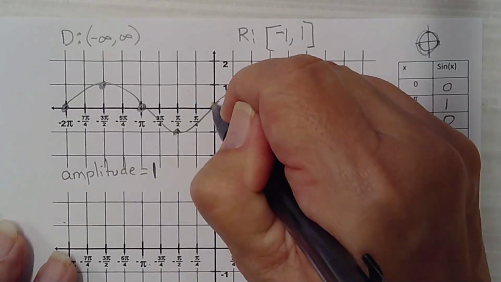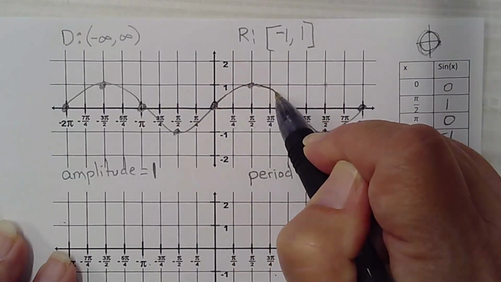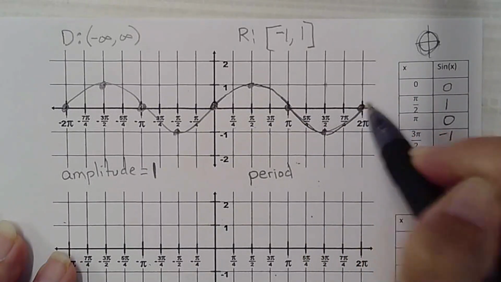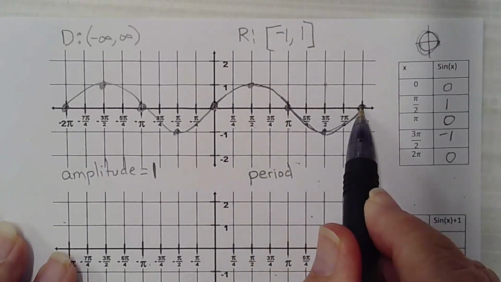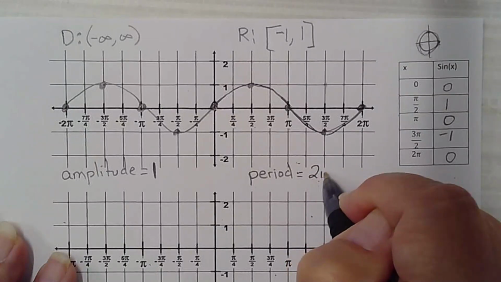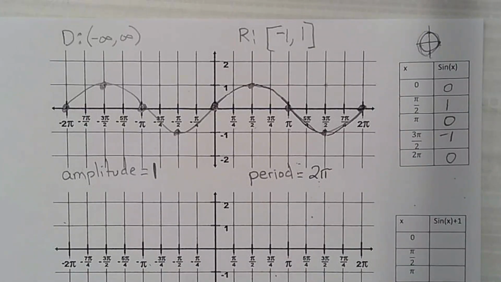If I start here and I go up and I go down and then I go back to start, how long did that take me along the x-axis? 2 pi. So those are the key characteristics of the parent function. And then we're going to see how this function transforms.